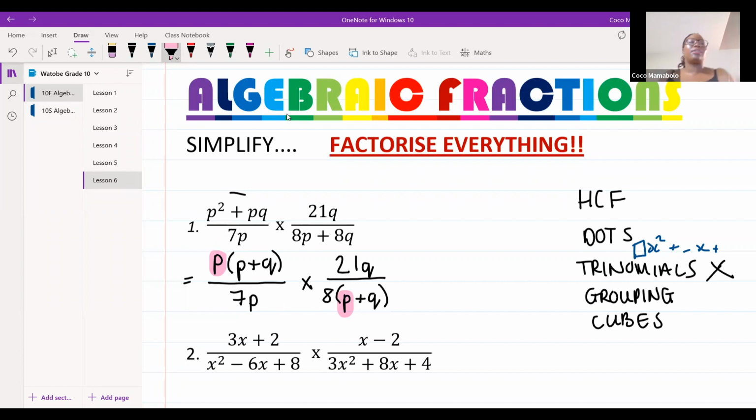It's two completely different things. Okay, so we need to make sure that we're not canceling them if they're sitting opposite, but there's a plus or a minus in between them. So they need to be just the thing on its own, or they need to be multiplied by something else. All right.